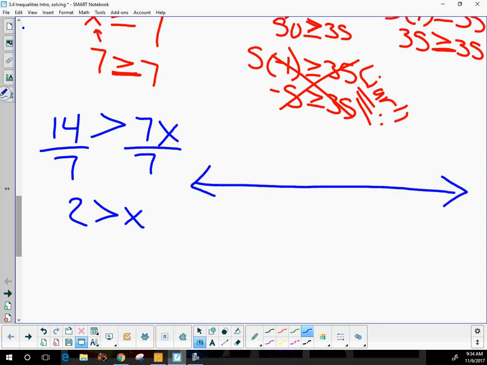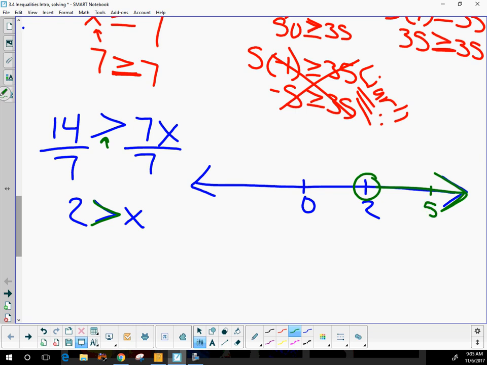I'm going to graph this. Here's your 0, here's your 2, and the little arrow points this way, and it's not included, so I'm just going to make my open circle and go this way. Seems okay.